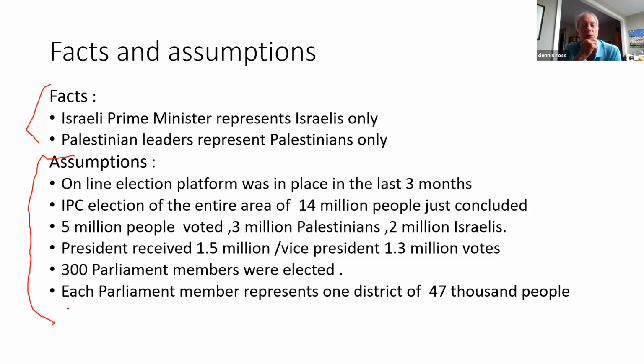Joseph, I have one question. Yes. Who are the Israelis? Are they the Israeli Jews? Do they include the Israeli Jews in the settlements in the West Bank? Yes, they are Israeli Jews, and they include settlers in the West Bank. Yes. But it also includes the Israeli Arabs.